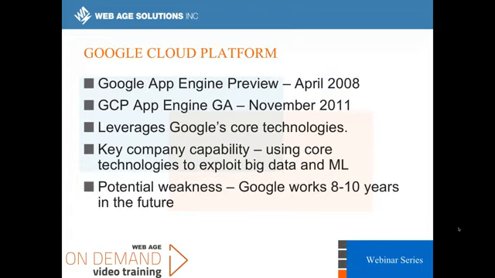And then finally, Google. Google announced a preview of what's called the App Engine, which was their first cloud product. The App Engine went general availability in November 2011, so officially, Google was the latest to come to the public cloud.